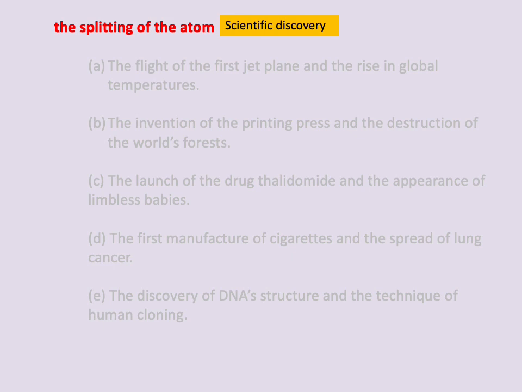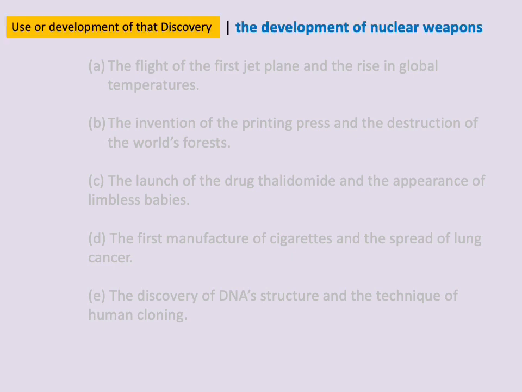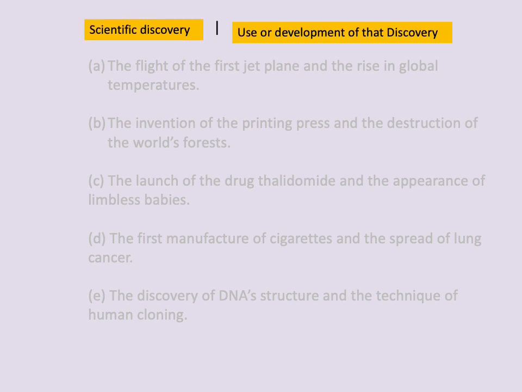It looks like the first noun phrase is signalling a scientific discovery, whereas the second noun phrase appears to be signalling a use or development out of the same scientific discovery, albeit a negative one. There we have it. What we're going to be looking for is a scientific discovery and a use or development of that very discovery.